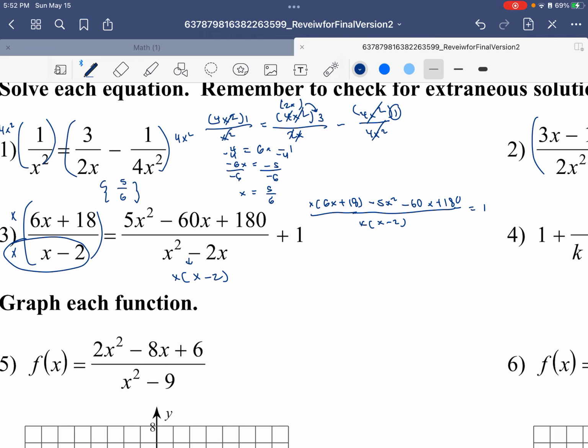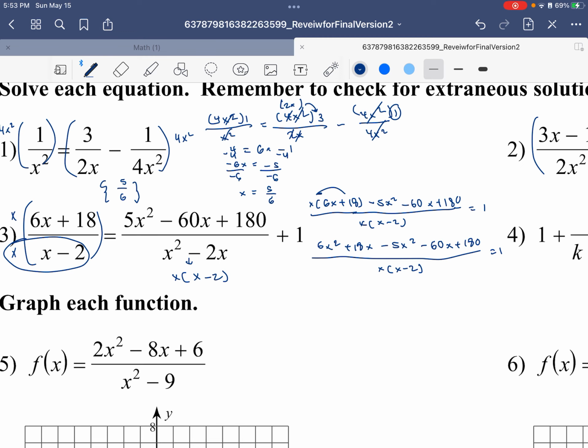Okay, now I'm going to multiply this x in, and then rewrite. So we have 6x squared plus 18x, and then same thing over here, we didn't touch it yet, so it's just going to be the same thing, plus 180 over x minus 2 equals 1.